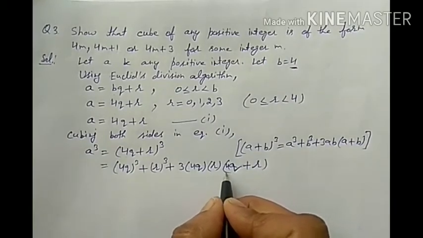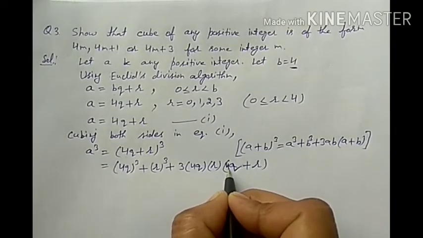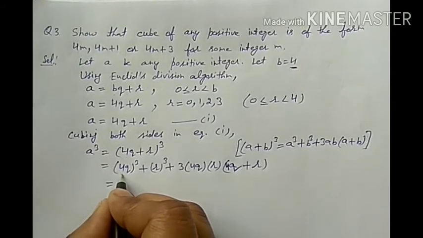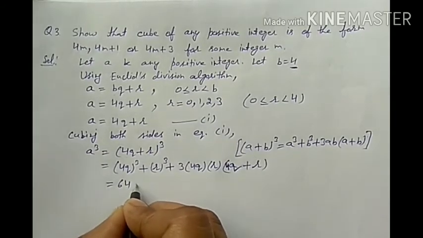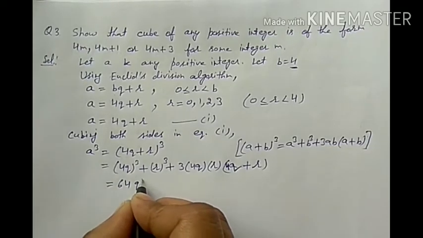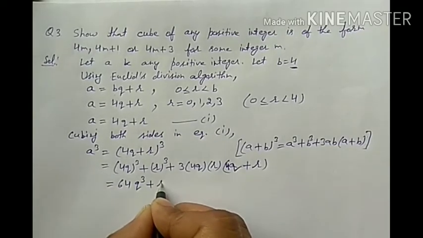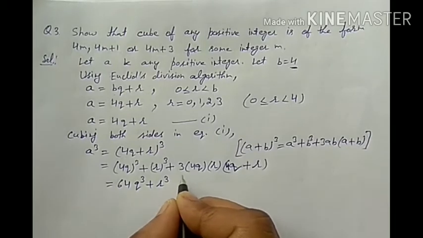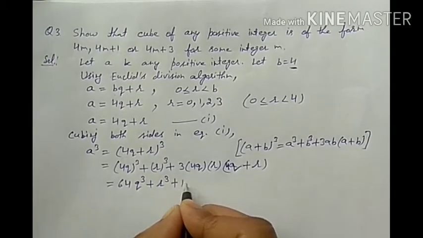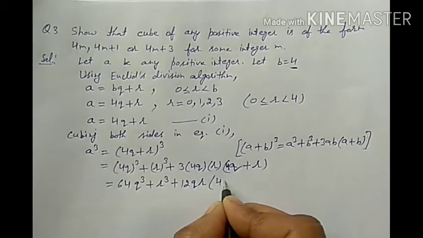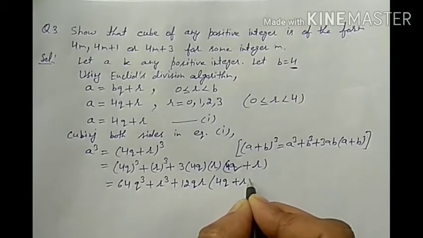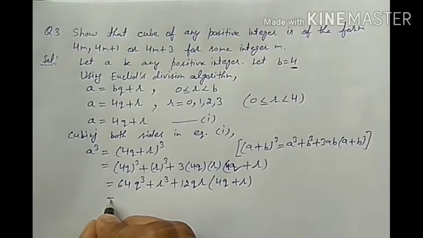This is your 4q. 4 fours are 16, 4 sixteens are 64. 64 q cube plus r cube plus 3 fours are 12, 12 q r, into (4q plus r) whole in bracket.